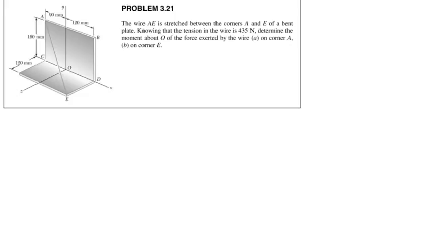I think I'll just do part B on here, just for illustration purposes. Okay, so we have wire AE stretched between corners A and E of this bent plate. Knowing that the tension in the wire is 435 newtons, determine the moment about O of the force exerted by the wire on corner E.